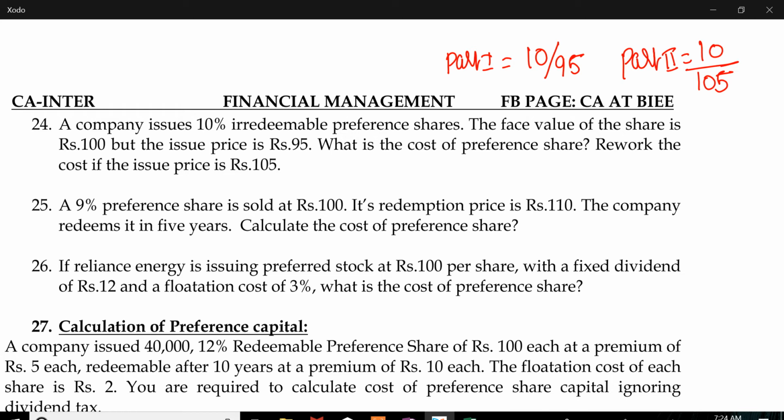The formula is whatever we have done in debt. I'm using the same formula here.